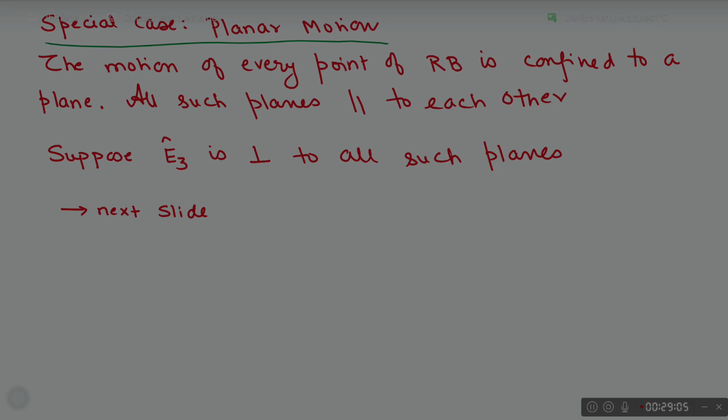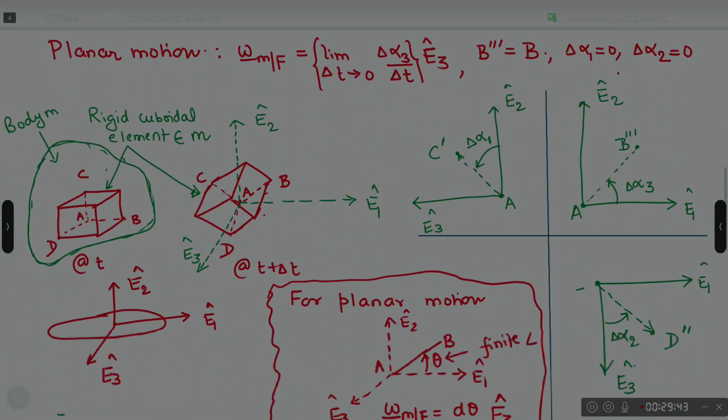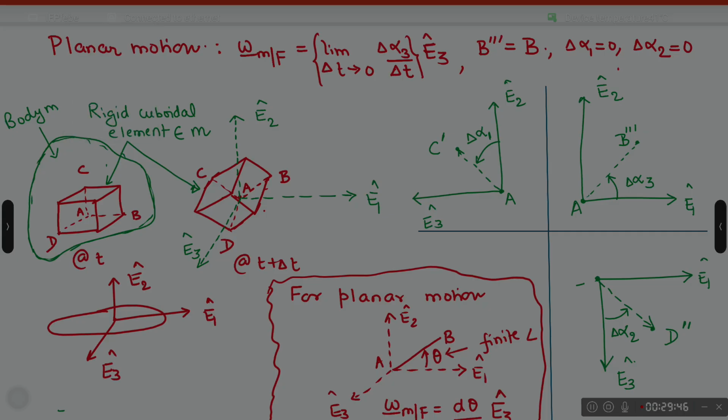Suppose that the planar motion of the body M is such that all such planes of motion are perpendicular to E3, big E3. Without any loss of generality, I am assuming that all planes in which the particles of body M move are all parallel, and all perpendicular to the E3 axis. And then we will see how the definition of omega mf simplifies substantially.